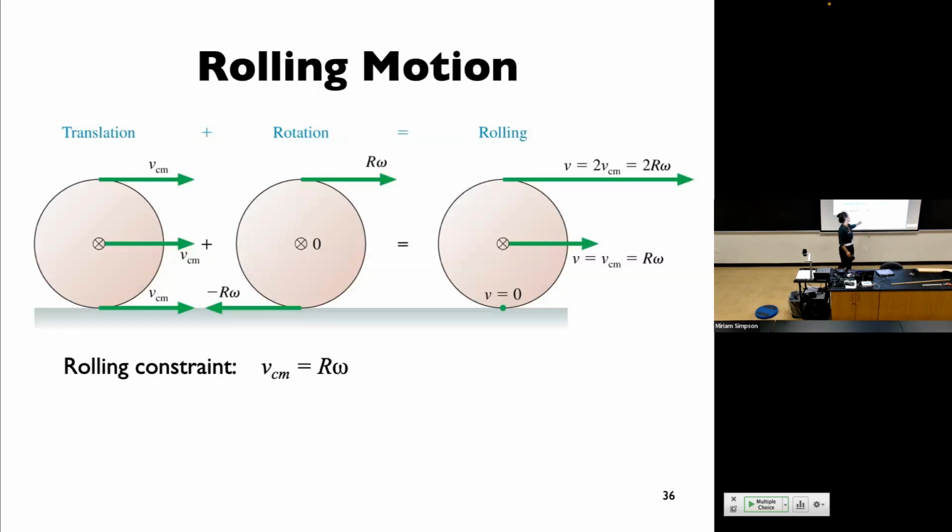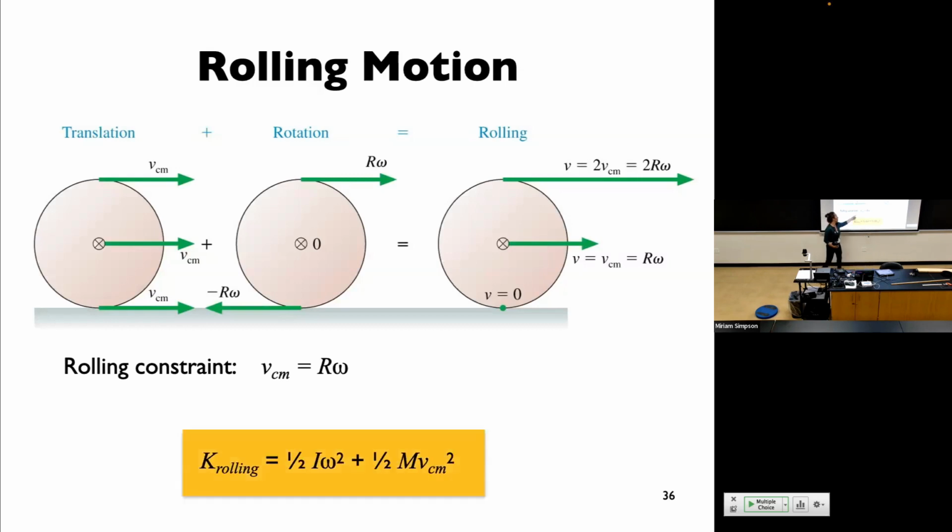It looks like this. So the velocity at your center of mass, basically the speed your car or vehicle would be moving if it was carried by this wheel, is going to be equal to the radius of the wheel times the angular speed of the wheel. The other thing to remember is in the case of rolling without slipping, both this is true and you have to use both kinds of kinetic energy.